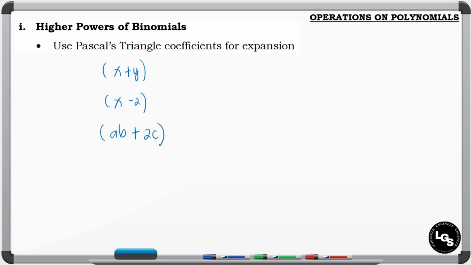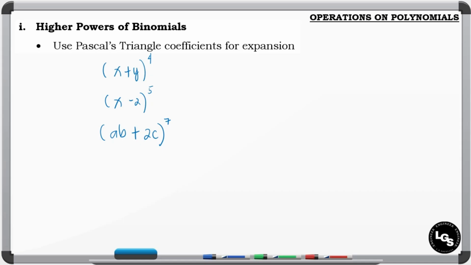So, if we have problems like these in a higher power, for example, to the power of 4, or has an exponent of 5 or 7, so we can use now the Pascal's triangle because there is no special product when it comes to higher powers. We only have the square and cube of a binomial under the special products.